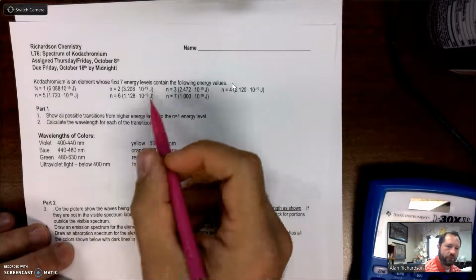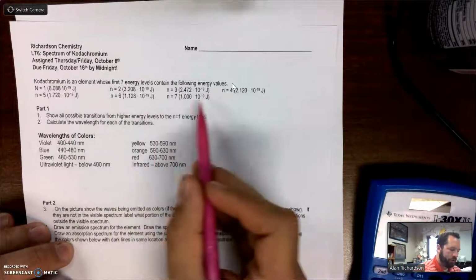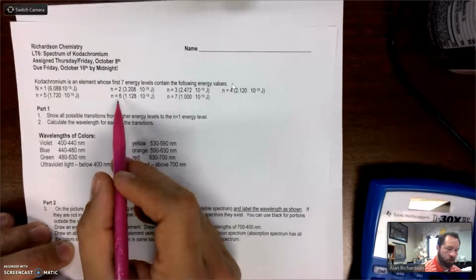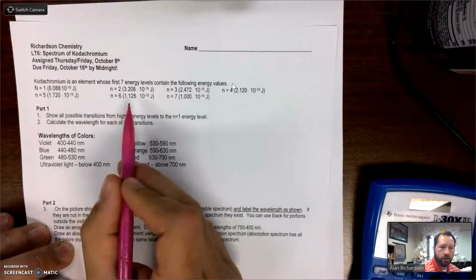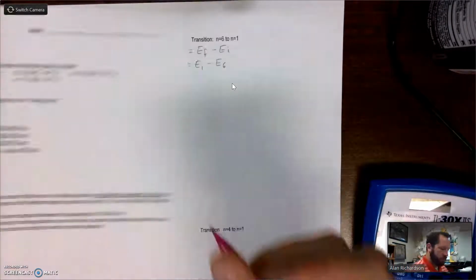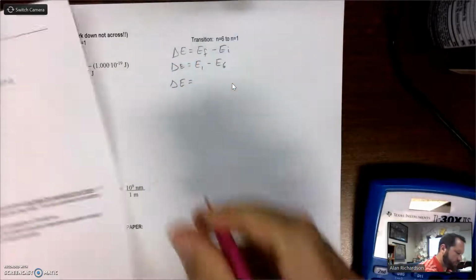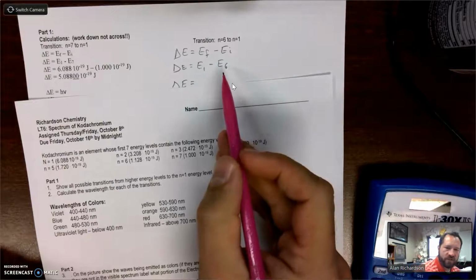So we reference the first sheet, and here it tells us at each energy level what the amount of energy is. So we're starting on the 6th energy level here, so that's 1.128 times 10 to the negative 19th joules. And I'm sorry, that was the energy at the 6th level, so we'll use that second.